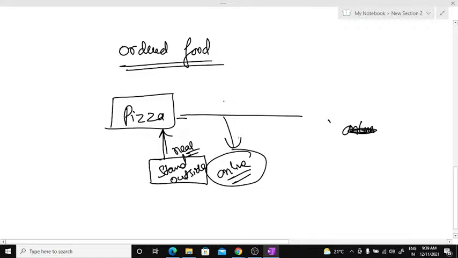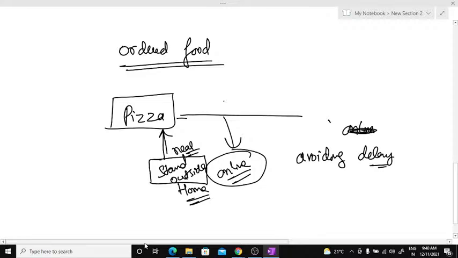So instead of waiting more time, the main thing is avoiding the delay. Suppose if you are at home, that is a different question. If you are at home, then there is no option, you need to receive the online order. But if you are outside or near the pizza center, then it is better to go and have it.